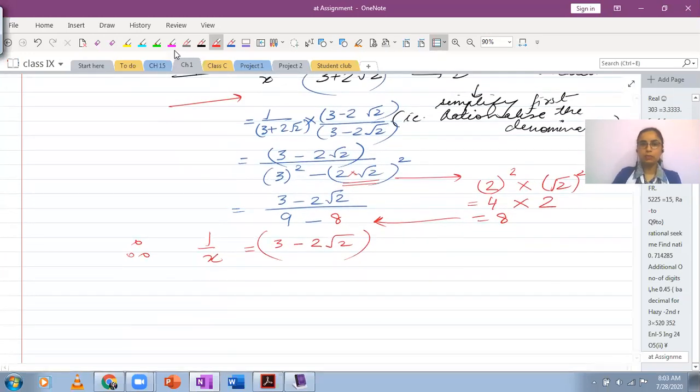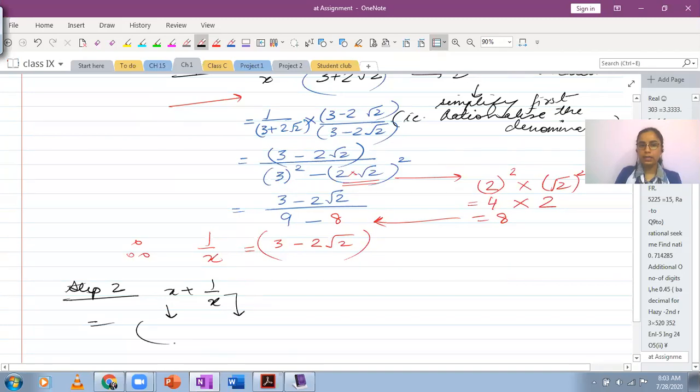So that's step number 2. The question that was given, use the value of x and 1 by x. You have the value of x given, 3 plus 2 under root 2, this is given. And the second value that I have, I have obtained in step 1.